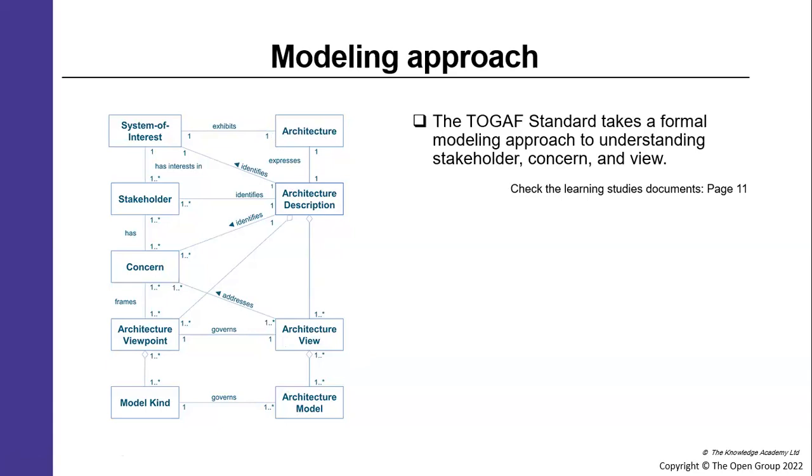For example, if I use a business reference model, I can use that to create a business architecture blueprint, correct? But how is that related to this diagram?